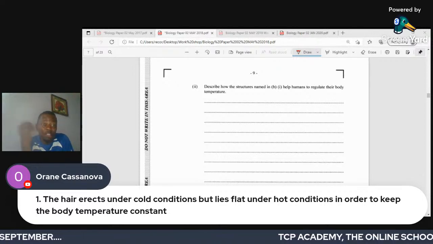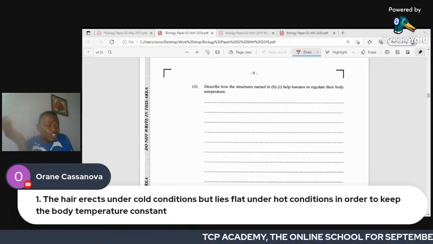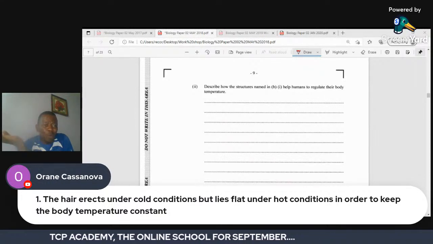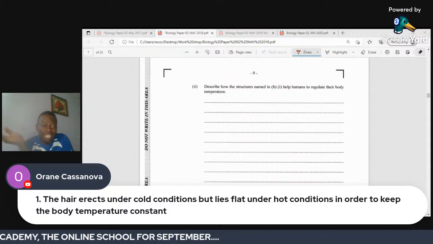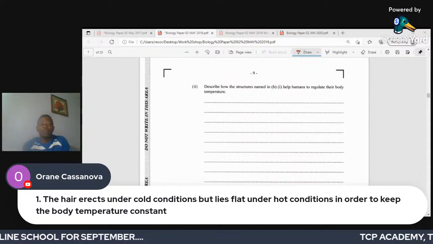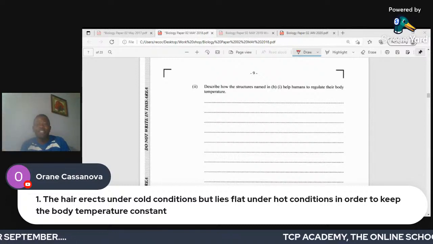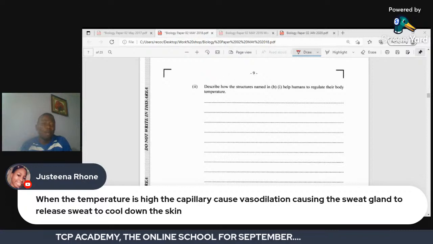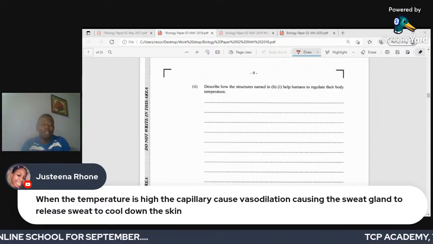So now you leave us hanging. How does the ear being up or lying flat help to regulate their body temperature? I don't understand. If you could provide some clarity on that, I'd be really happy, because I don't want persons to leave here with a part of the information. I want everybody to be armed with the information leaving here.